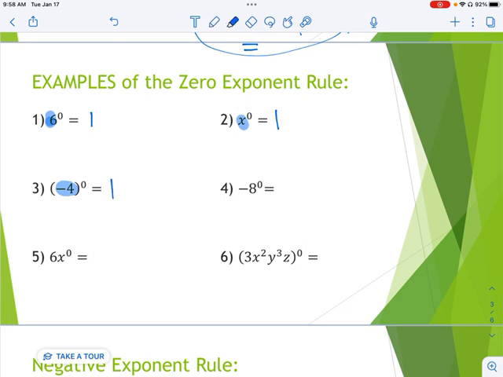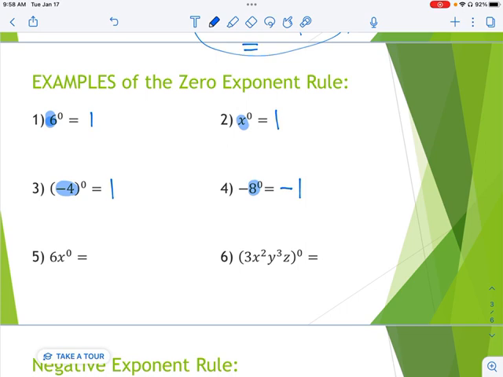Okay, now here's where it starts to change a little. So when we look here, the base here is just the 8 because it's not in groupings. So this is negative 1 because the 8 to the 0 would go to a 1, but the negative is not part of the base.